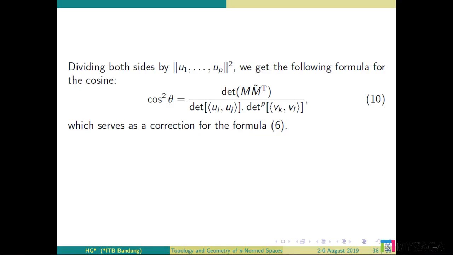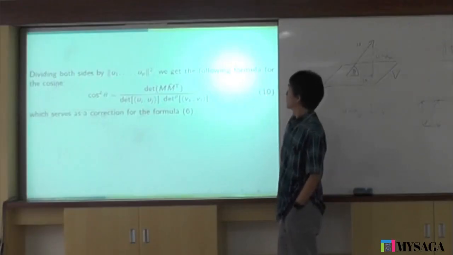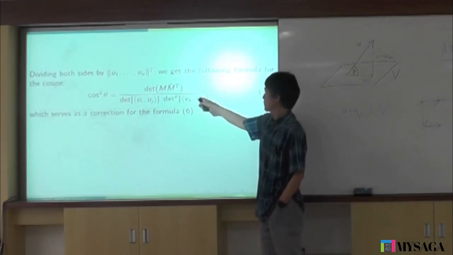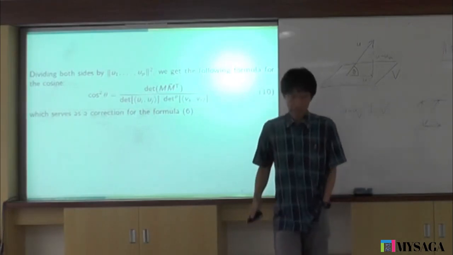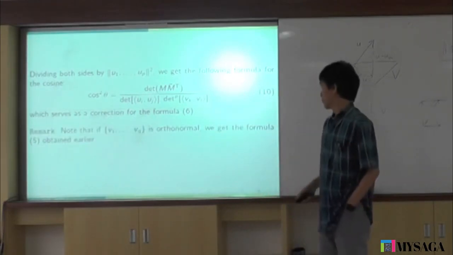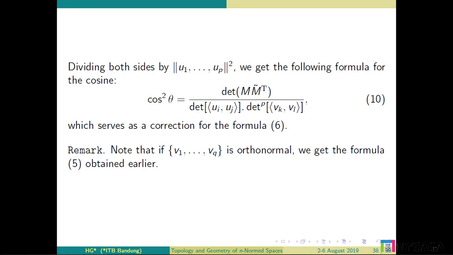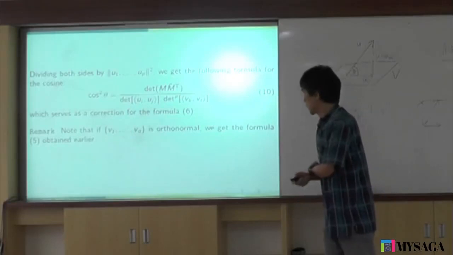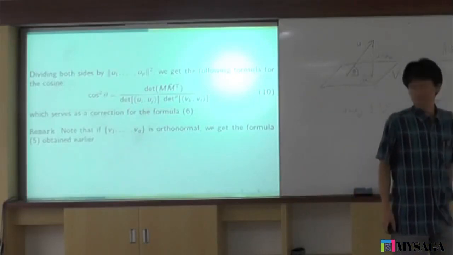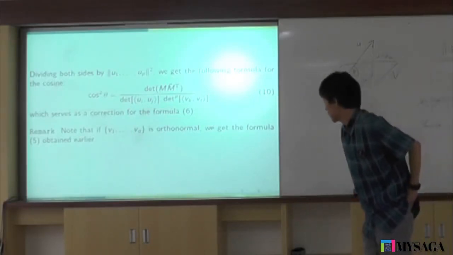If we divide both sides by the norm of U1 up to UP taken to the power of 2, then we get this formula. If V1 up to VQ is orthonormal, then we get formula 5.